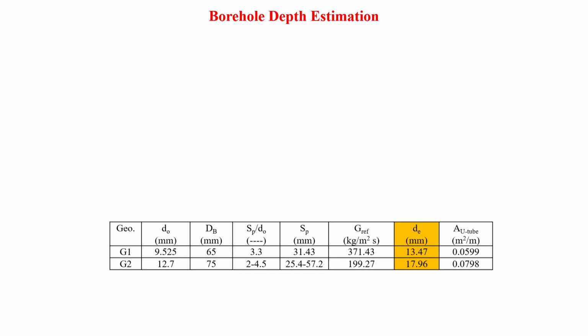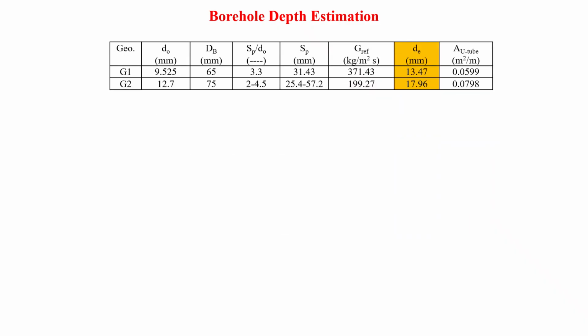To estimate the borehole depth of the geothermal heat exchanger, which can be deduced, of course, from the length of the heat exchanger, it depends on the D equivalent, which has been calculated for both geometries, and these values were used to estimate the grout thermal resistance and the total thermal resistance.